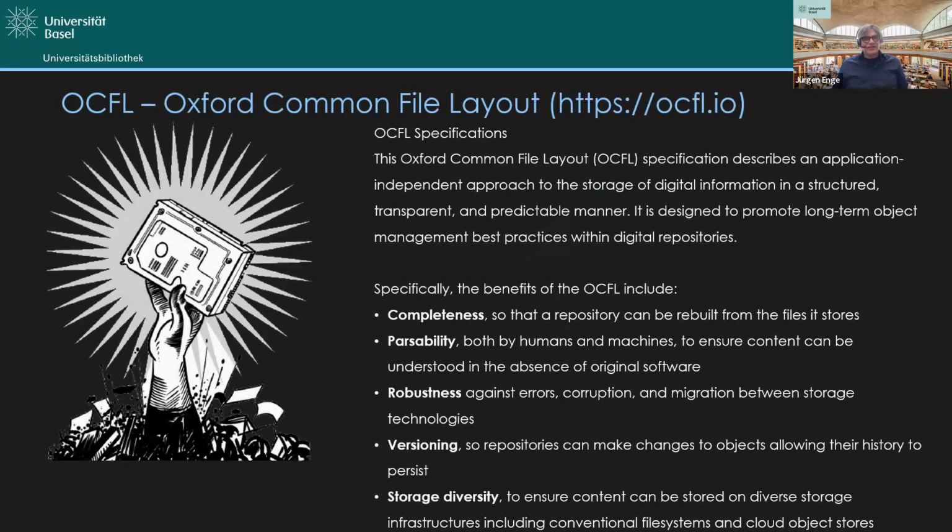And this means that we rely on a not so old file layout, which is used by more and more archive systems. For example, it's used by Fedora repository. Zenodo is quite active in this scene. And it's a file layout which gives us a possibility of completeness, parsability, and so on.